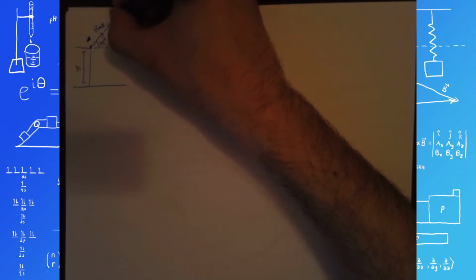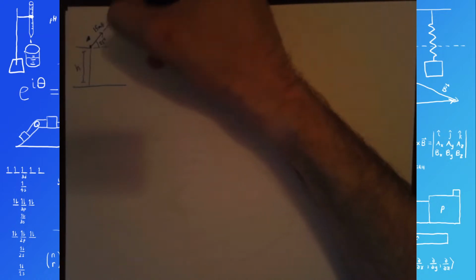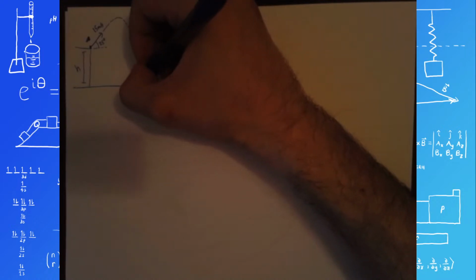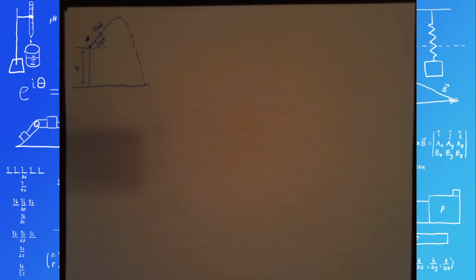Okay, it goes up into the air a little bit, then comes back down. And we are told that it lands after 3 whole seconds. Not a symmetric problem, so unfortunately we cannot calculate time to rise and multiply it by 2.